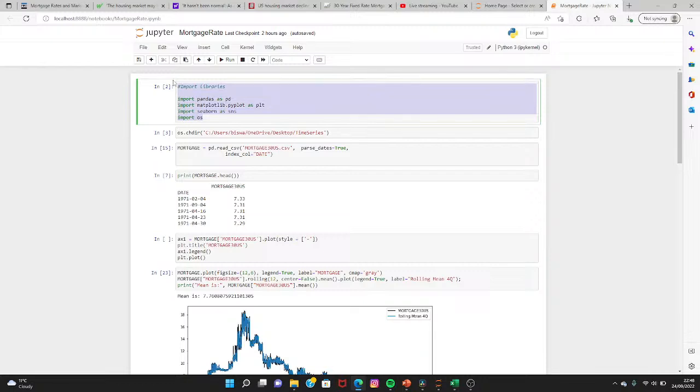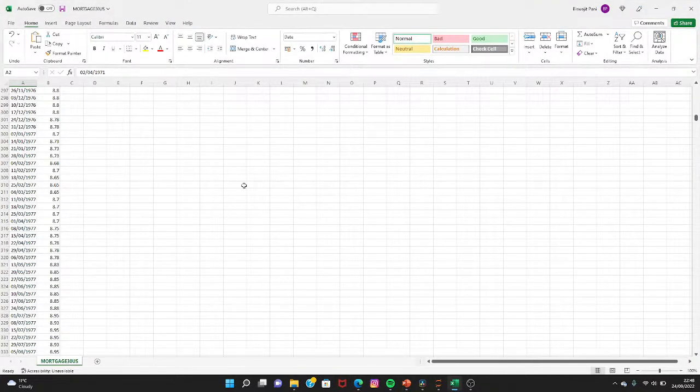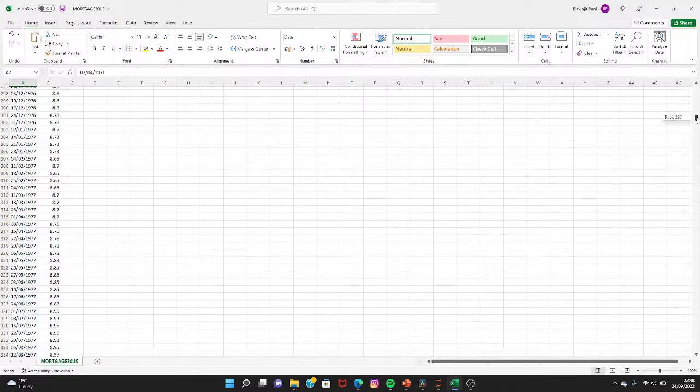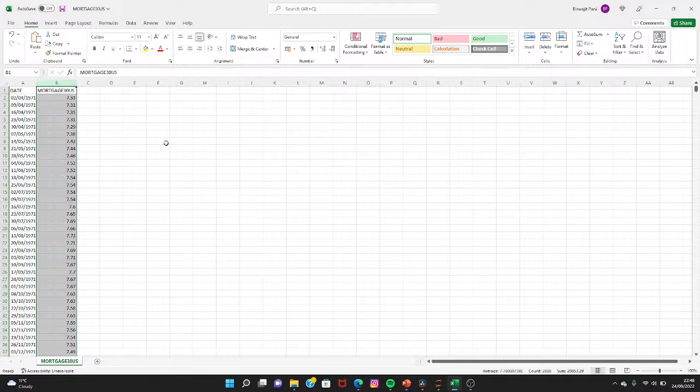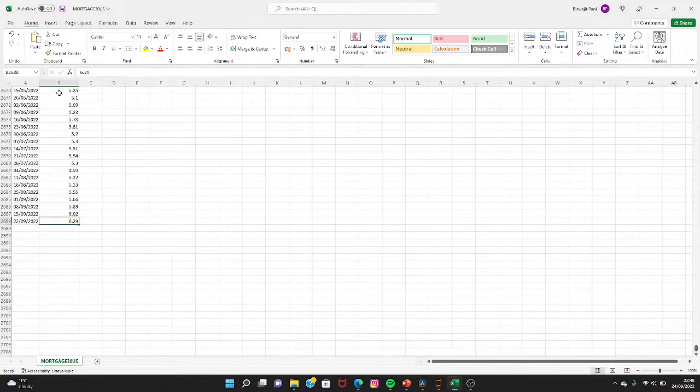Now this is time series data, as I showed you. Time series data is nothing but data where the data points are based on different time periods. So this is univariate time series data. That means there's just one variable, which is the 30-year mortgage rate in the US.